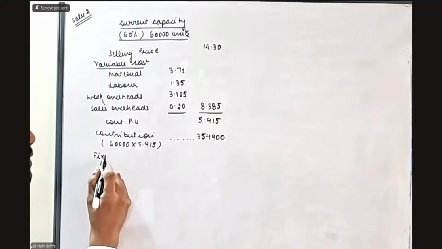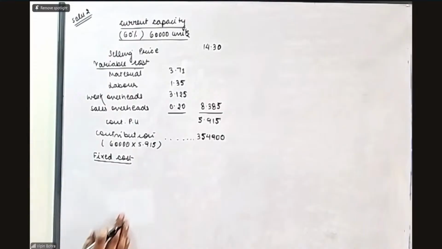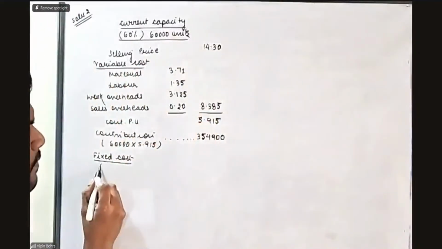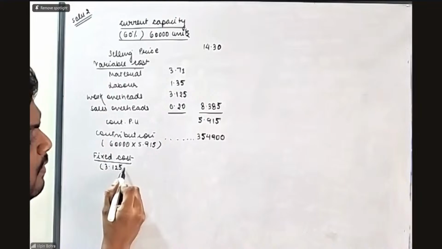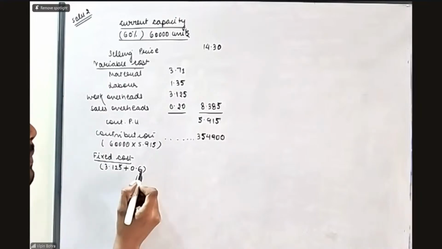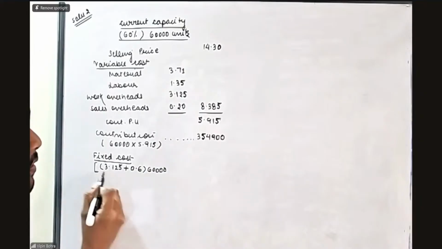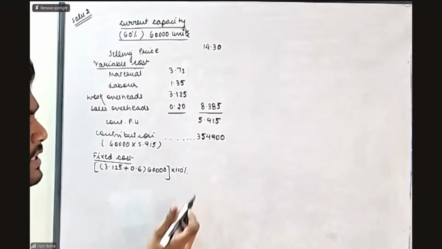Now my fixed cost. So fixed cost is 3.125 plus 0.6, multiplied by 60,000 units, and it has gone up by 10%, so it is 110%.